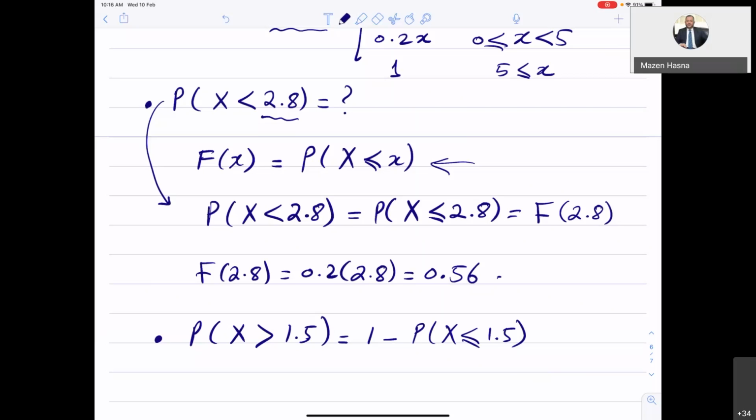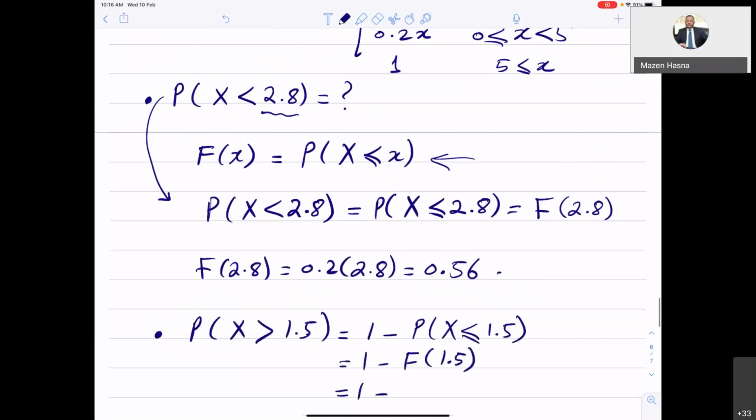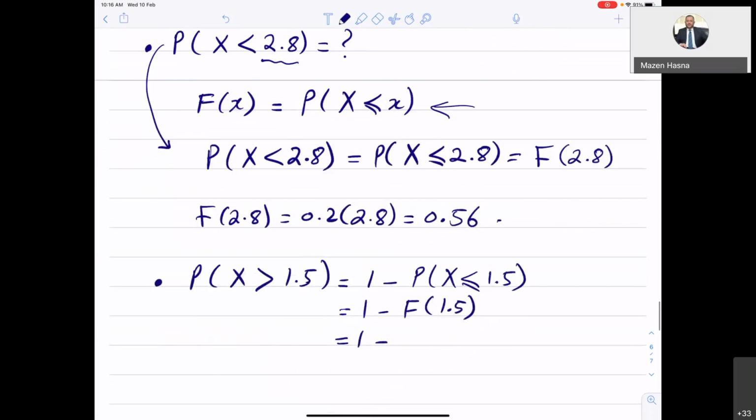I can write it this way. Yes, some of you figured it out. So this is 1 minus F of 1.5. And what's F of 1.5 from the equation? This is 0.2 times 1.5, which is 0.3, so 1 minus 0.3, which is 0.7.